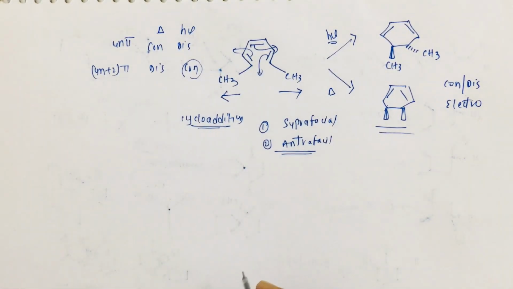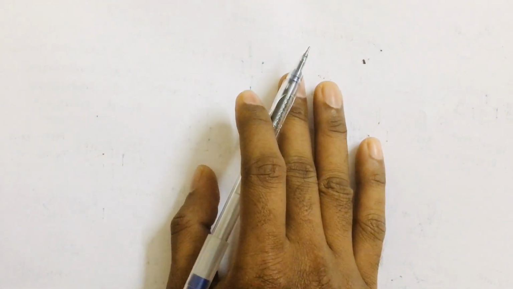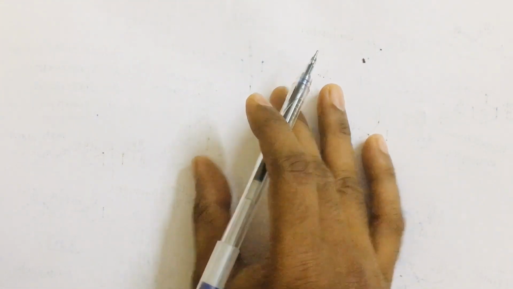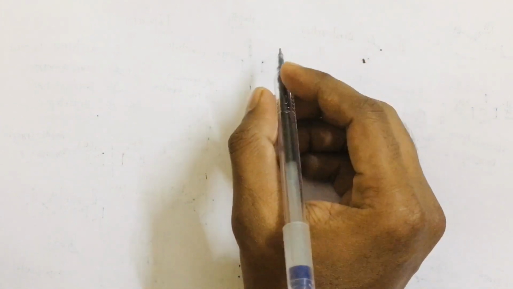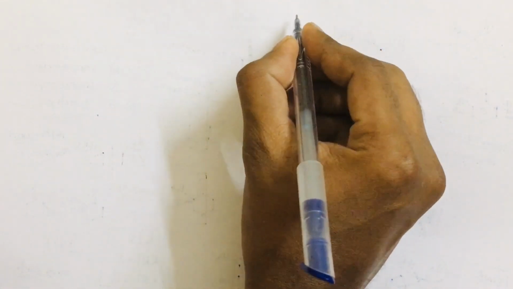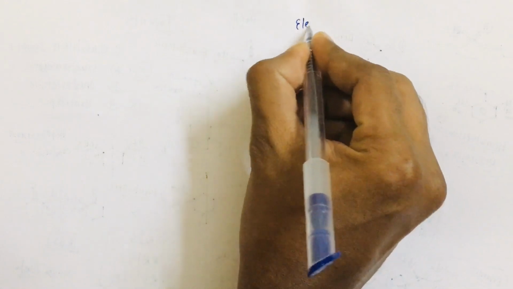This I will cover in another video. So we have spoken about what is con, what is dis, and which conditions, thermal condition and photochemical condition. Now we'll go for the electrocyclic reactions.